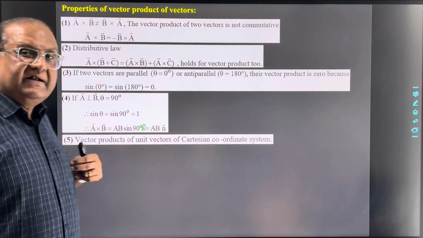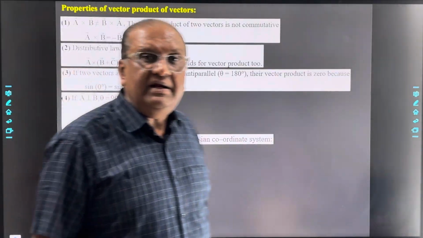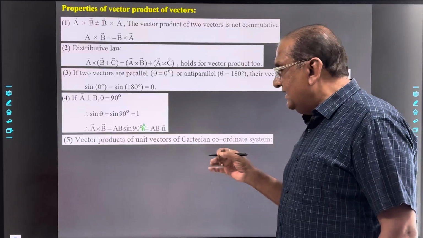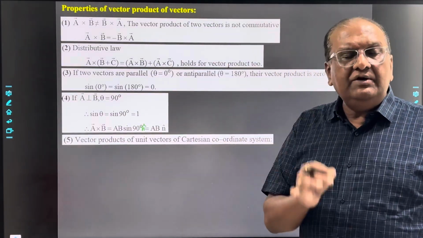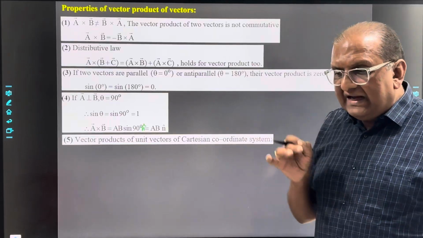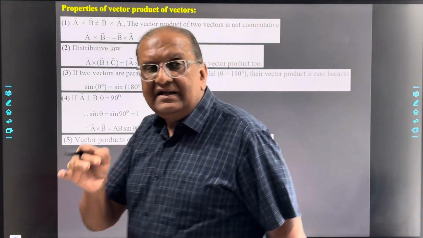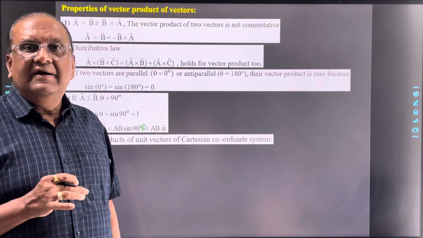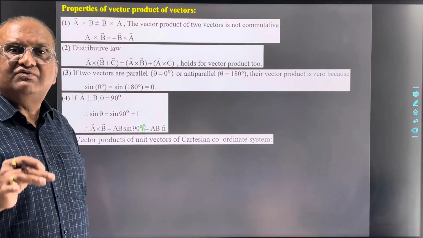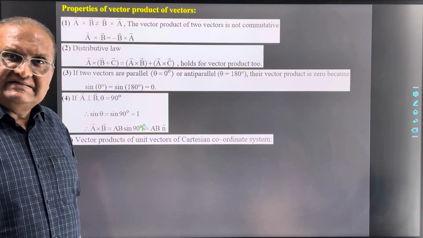Now vector product between unit vectors of the Cartesian coordinate system. We know in the Cartesian coordinate system, i caret, j caret and k caret unit vectors are respectively in the directions of x-axis, y-axis and z-axis.